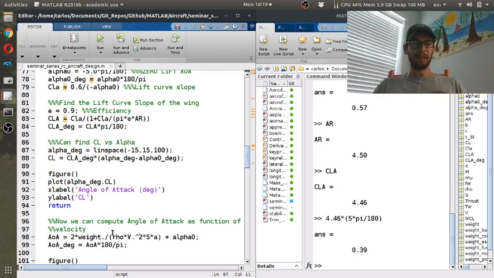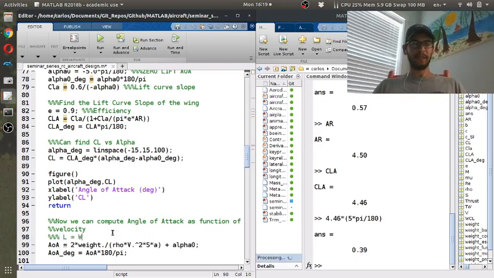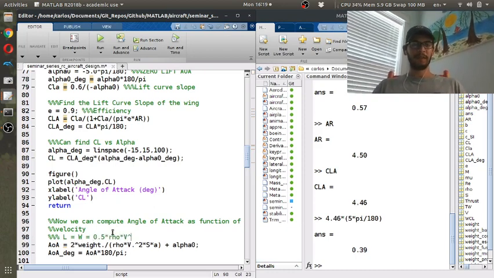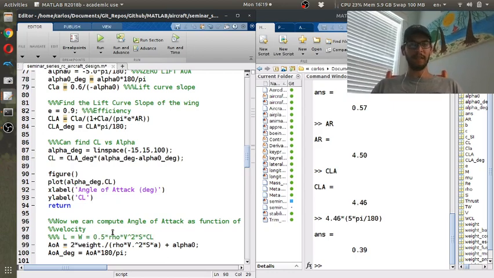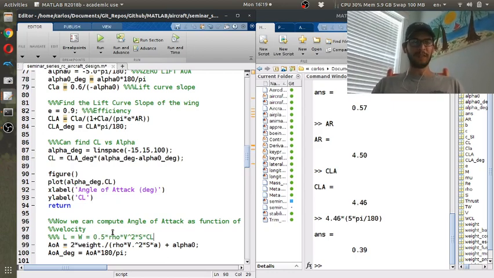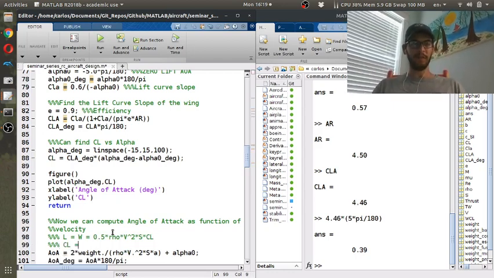So basically the equation is lift equals weight, which equals 0.5 times rho times v squared times s times CL, right? I'm going to do this in steps. First, I'm going to compute the lift coefficient, which is 2 times the weight, because there's a 1/2, divided by rho times v squared times s. And that's going to give me lift coefficient.